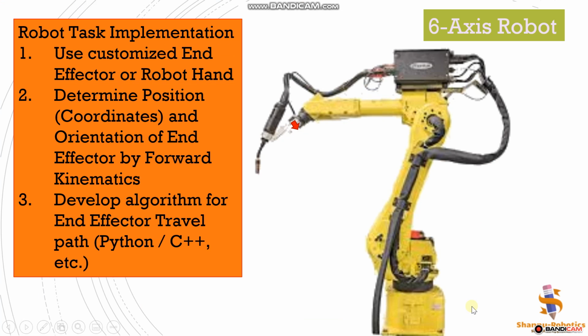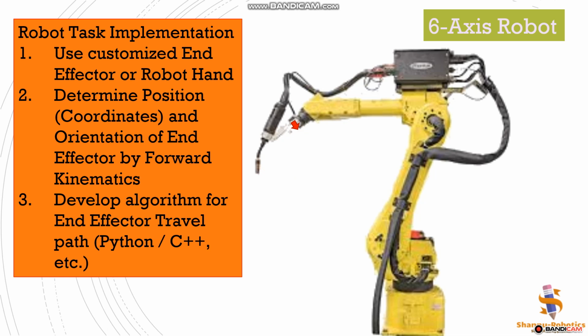The most important robotic tasks are to use a customized end effector. The end effector is like your hand. Use a customized end effector or robot hand for your specific application, such as drawing or welding. They don't have the same end effector. In the same way, you have to determine the position, coordinates and orientation of the end effector by forward kinematics. Nothing to worry if you are not familiar; we will go through what forward kinematics is.